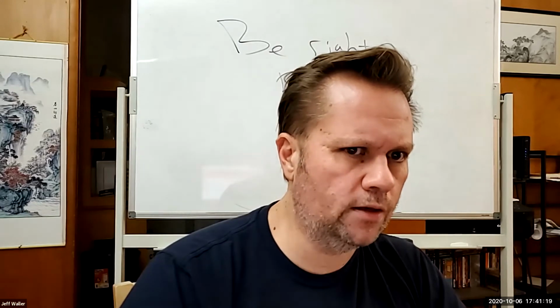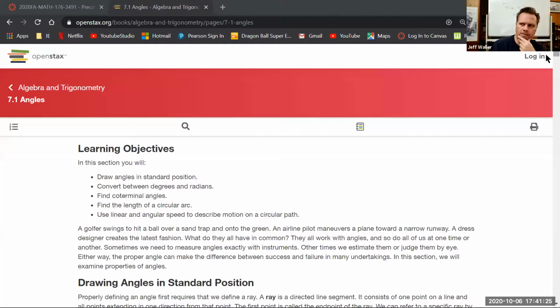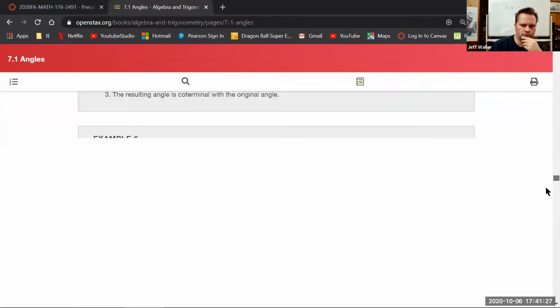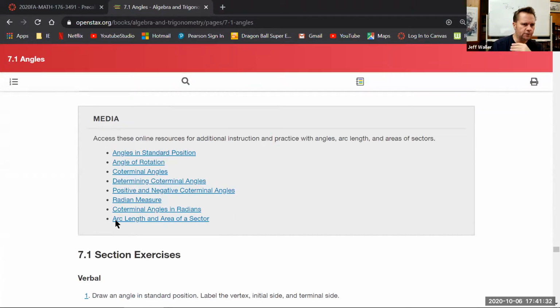So we finished section 7.1. What I want to do real quick is remind you guys about something I showed you last time. Here's section 7.1. If you go all the way down, here's something else too. To be really honest, yes, I know I picked this book, but I didn't even realize they had these links that go to videos.